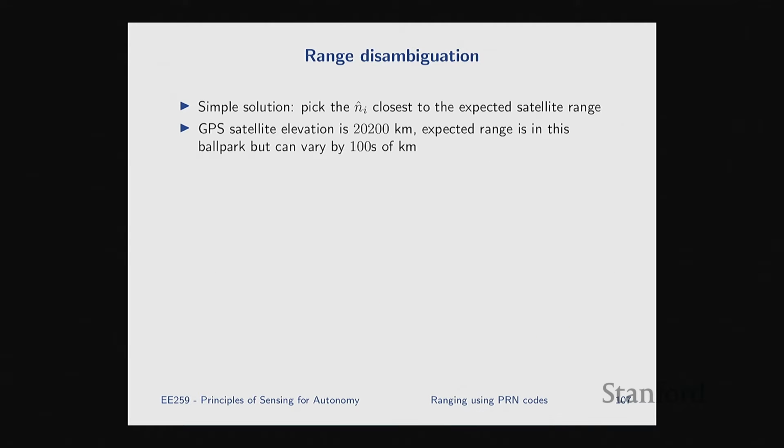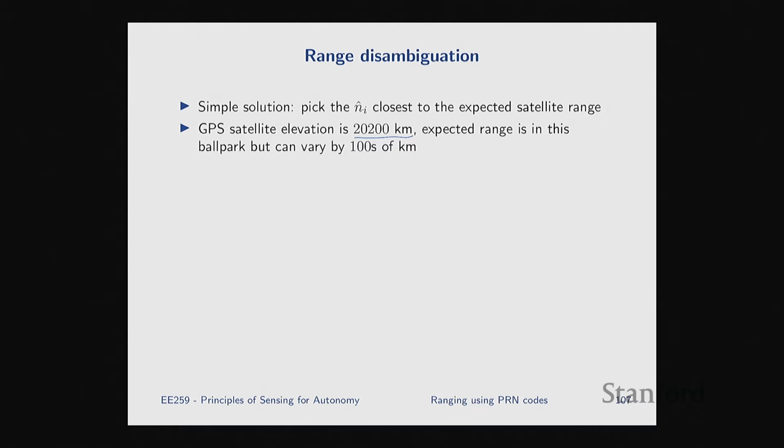There's a simple solution, which is basically if we have some idea, roughly, of what the actual time of flight delay is, or what the actual pseudo range we expect from the satellite is. Roughly, it doesn't need to be exact. That can help us disambiguate between the solutions we get from the correlation. For instance, one thing we know is that the GPS satellites are orbiting the Earth at an elevation of 2,200 kilometers.